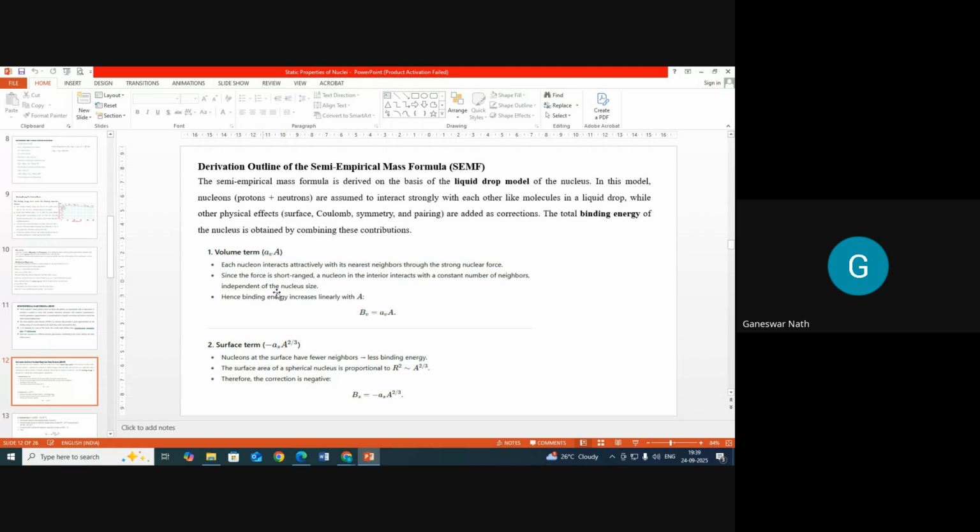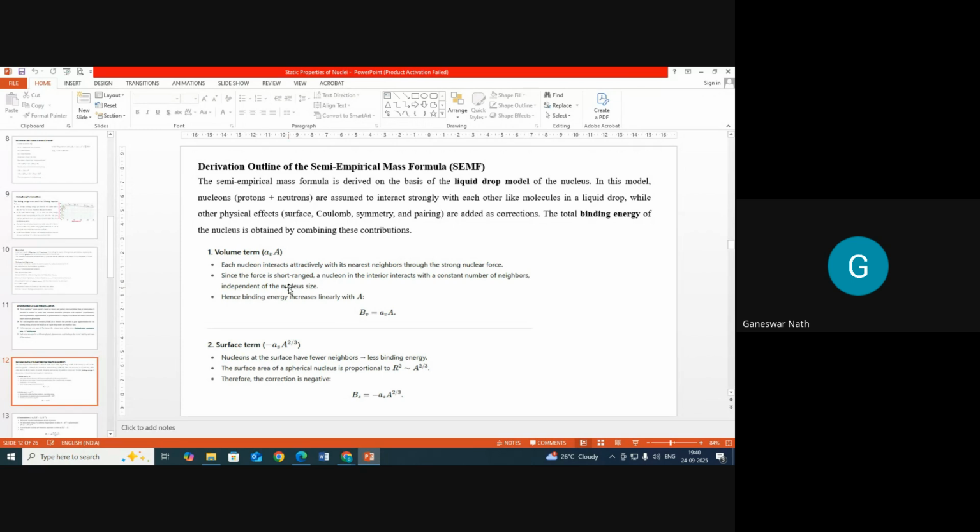The volume term is basically denoted as a_V A, where A is the mass number, and this is proportional to the volume of the nucleus. Each nucleon interacts attractively with its nearest neighbors through the strong nuclear force. You can read the details about the nuclear force in the second module. This nuclear force is short ranged and attractive.